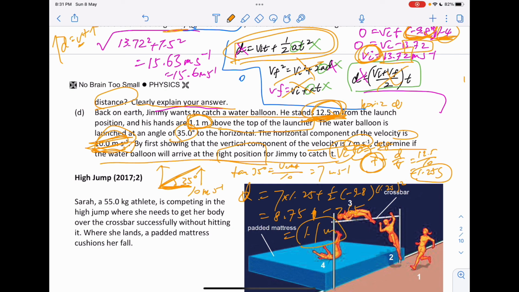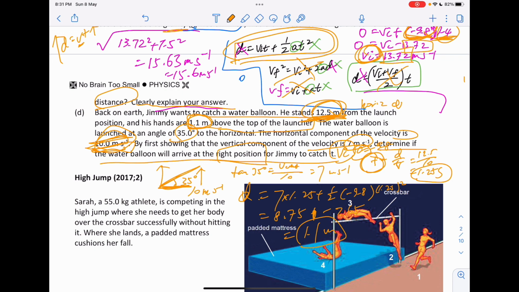Do remember that when you're looking for the time, if you have horizontal velocity and the horizontal distance, because the horizontal speed is constant, we didn't have to worry about the acceleration of the horizontal one. That's what we're looking for, because if they want you to calculate it, that's how you get the time. You don't even know what the vertical velocity is, so you can't get the time. You only have VI and A, so you can't get the time.